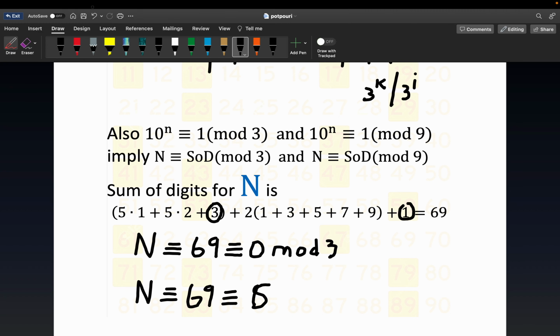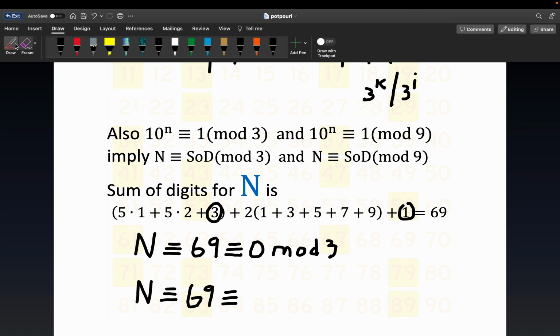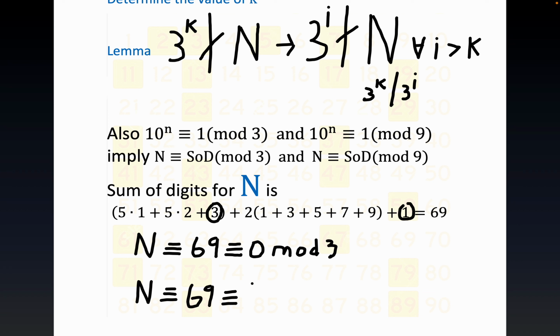Let me just erase that again. All right, so this is congruent to 6 mod 9.